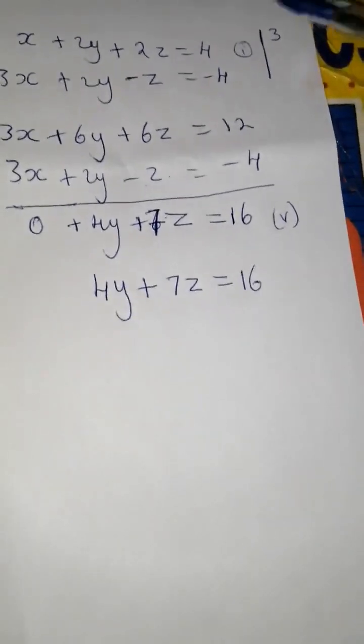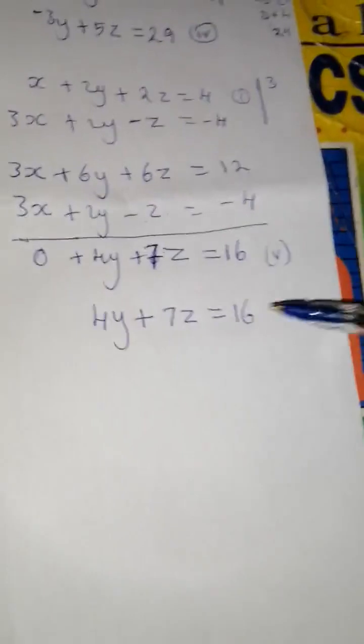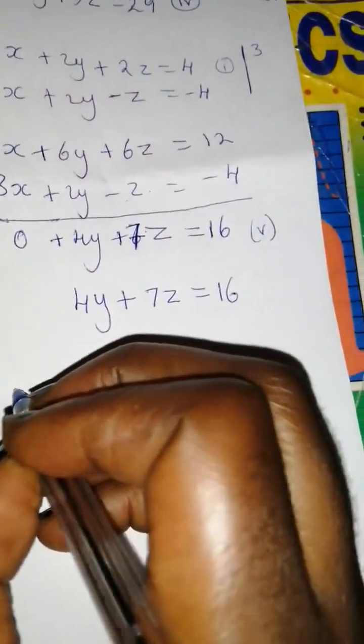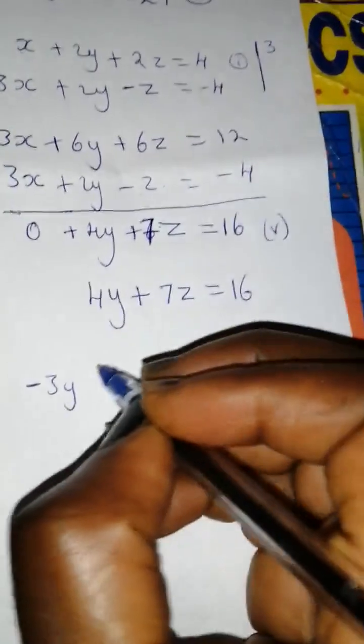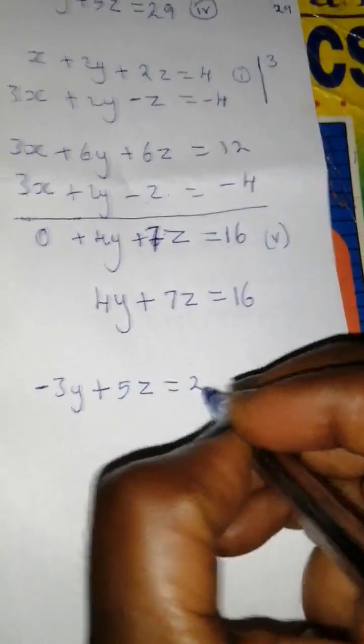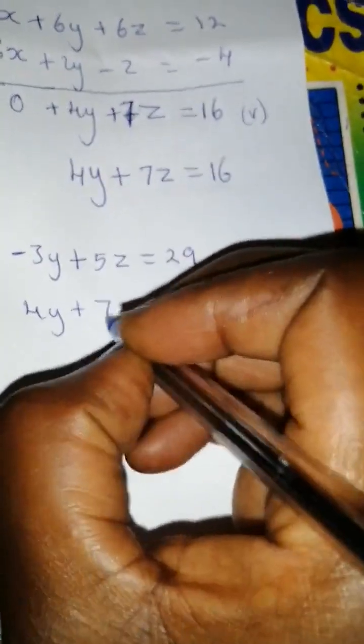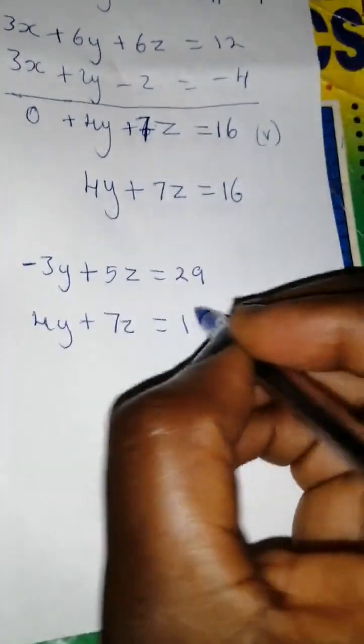Okay, now I can get equation 4 and equation 5. So equation 4 is negative 3y plus 5z equals 29. Then equation 5 is 4y plus 7z equals 16.